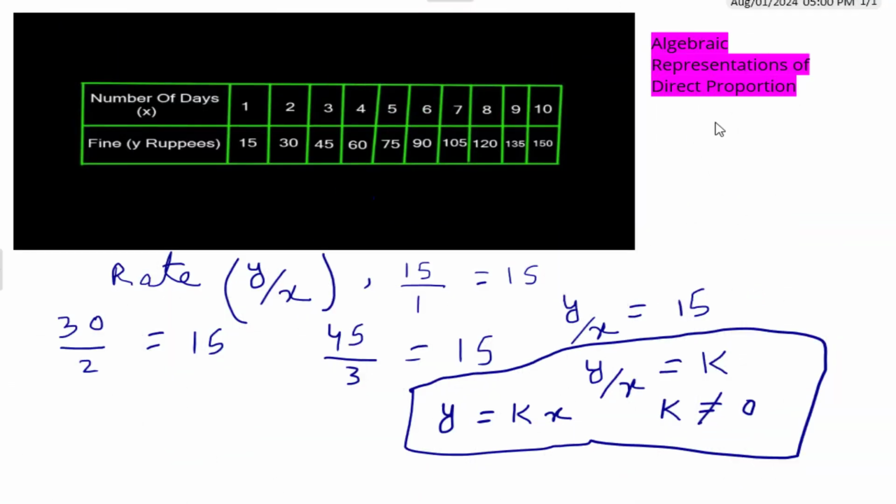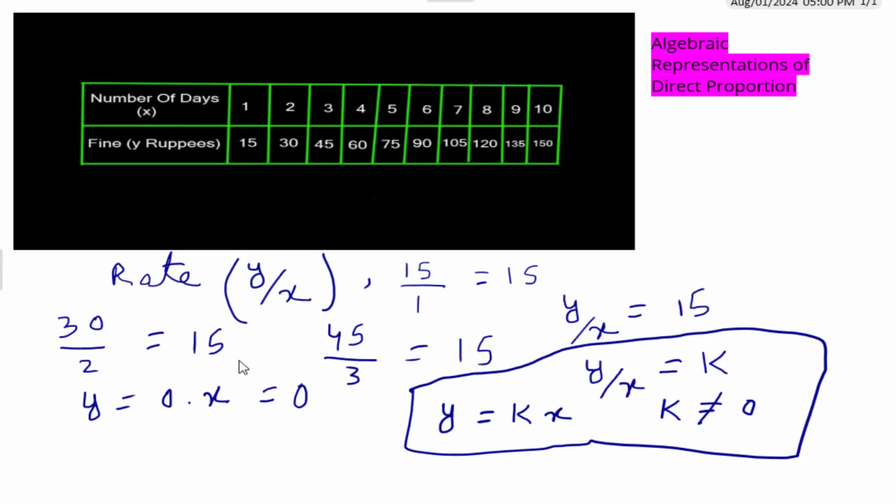To know the answer: if y is directly proportional to x, we can write its relation as y is equal to k times x, where k is a constant. If we substitute k equal to 0 in the equation, it becomes y is equal to 0 times x, which gives us 0.